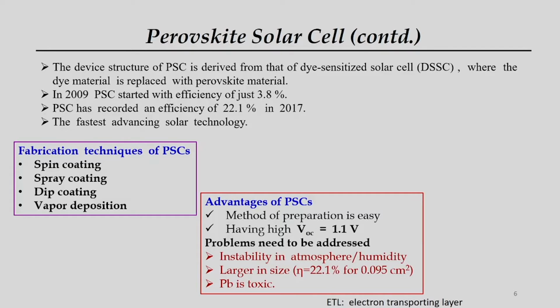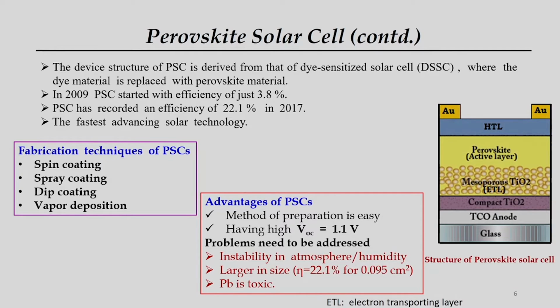What are the problems to be addressed in order to utilize this perovskite for large scale application? Instability in atmosphere or humidity is a primary concern, the cell area requirement will be large compared to other solar cells, and lead, Pb, is toxic.